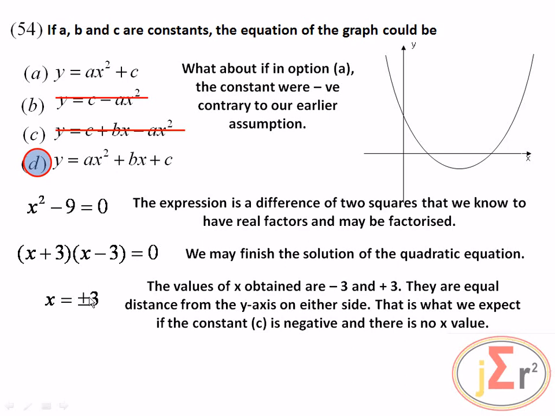We get a positive 3 and a negative 3. Therefore, this cannot be correct. If this curve correctly demonstrated this, what would we have? Two intercepts as we have them right here. One will be on the negative side and one will be on the positive side, but they will be equal distance from the y-axis.